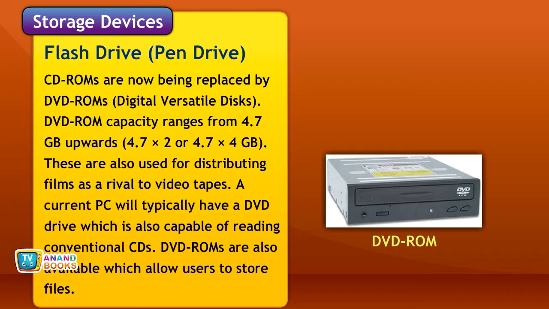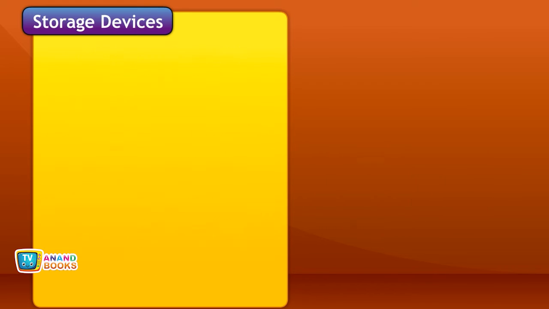These are also used for distributing films as a rival to videotape. A current PC will typically have a DVD drive which is also capable of reading conventional CDs. DVD-ROMs are also available which allow users to store files.